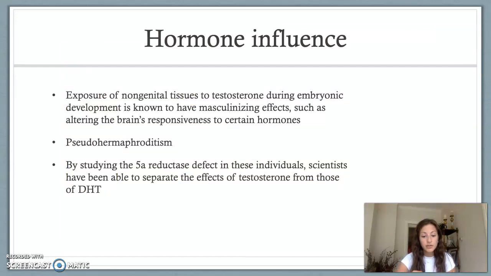Hormone influence. Exposure of non-genital tissues to testosterone during embryonic development is known to have masculinizing effects, such as altering the brain's responsiveness to certain hormones. One controversial aspect of the masculinizing effects of testosterone is its influence on human sexual behavior and gender identity.